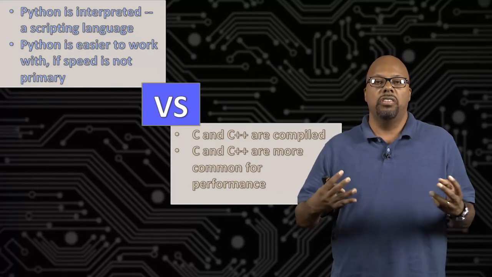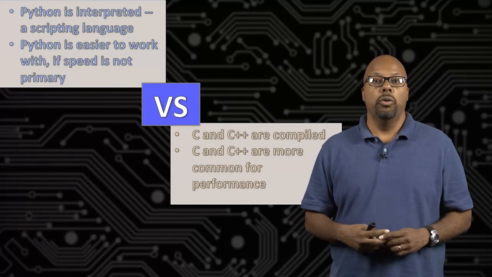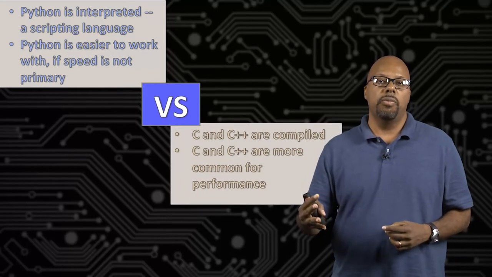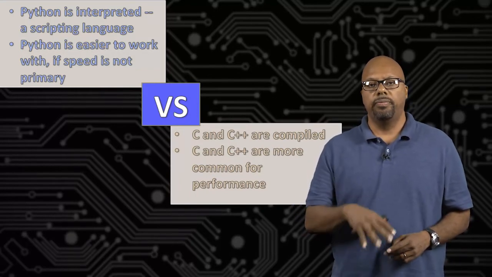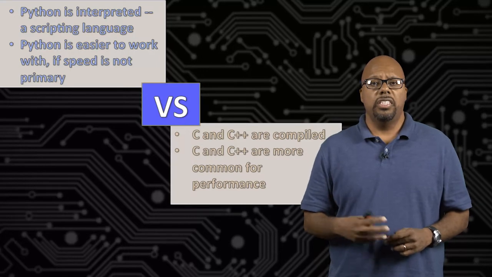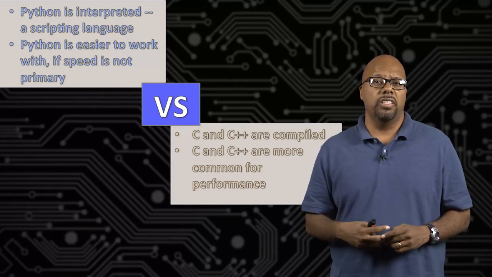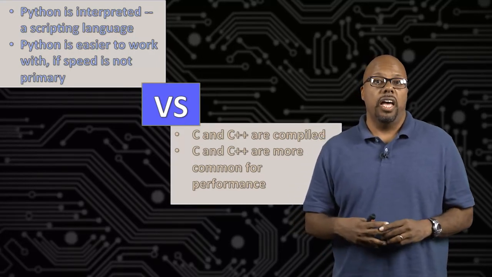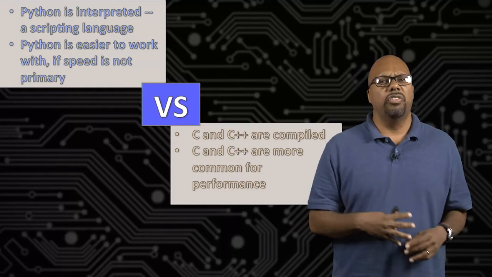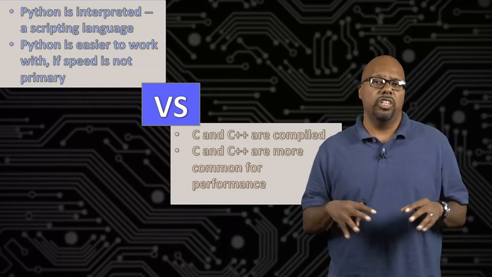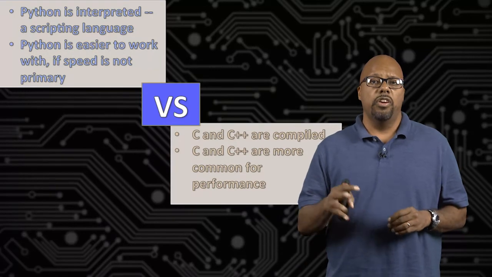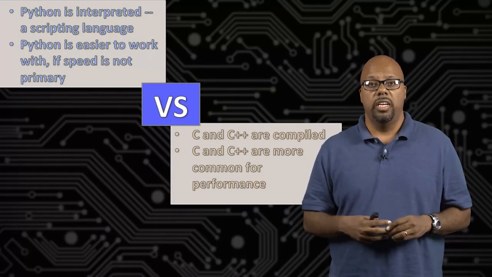Because the Python interpreter is dumb compared to a human, right? A human can know something more about the context in which the software is being used. So C and C++ are commonly used in embedded systems. Outside of embedded systems, you see them used less. Maybe Java is favored or something like that. But because of the level of control that you get with C, C++, they're much more commonly used in embedded systems.